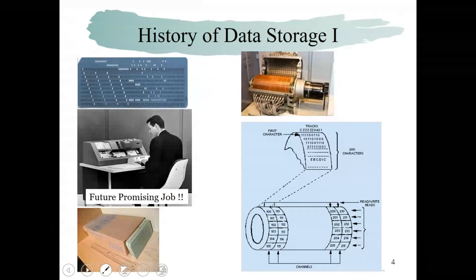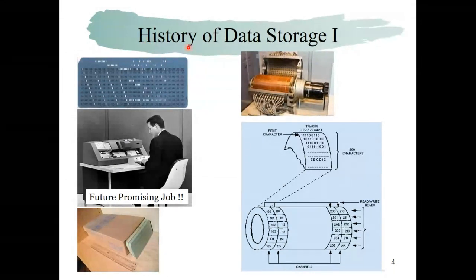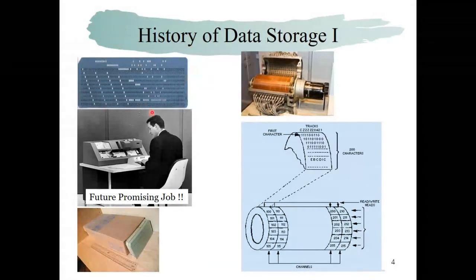Okay, let me start with a very old type of data storage. Can you see this very small card? This is called a punch card. As you see here, there are small dots, black arrays and white arrays. The white array means there are some holes.